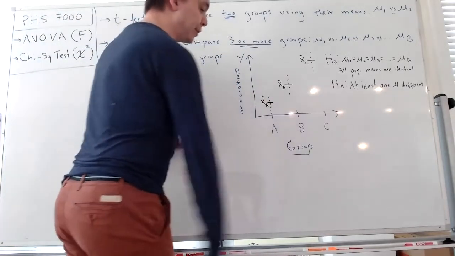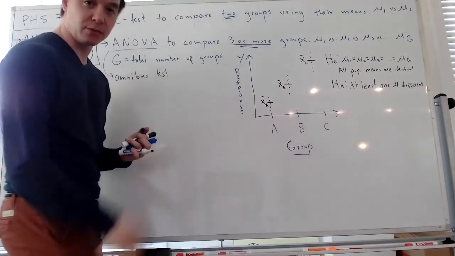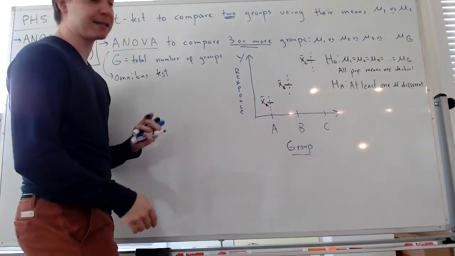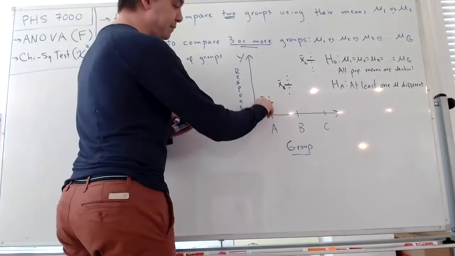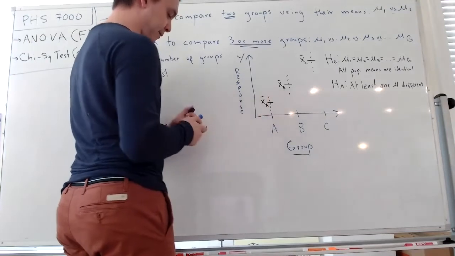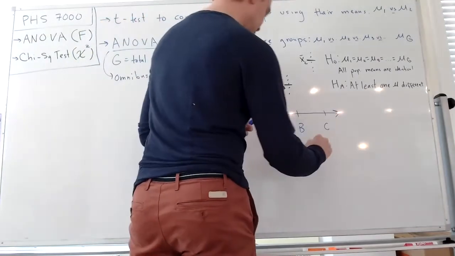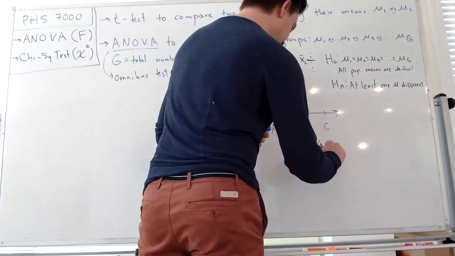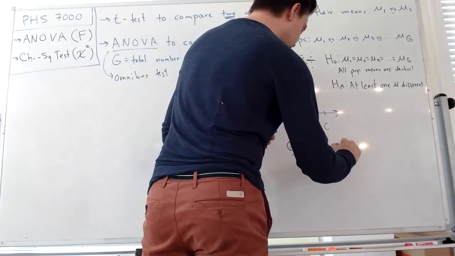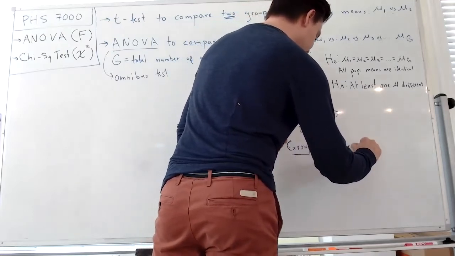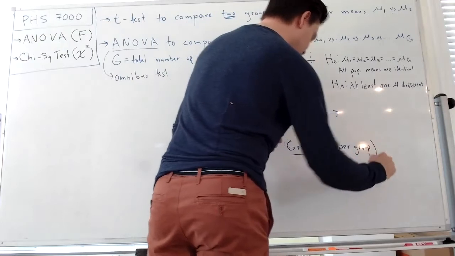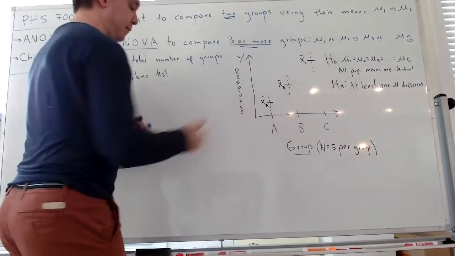Here are your three groups. We have three groups, so we no longer can use a t-test. It's a test for differences. And I'm just using a dot plot here. So we have n equals 5 per group. Okay, 5 in each group.